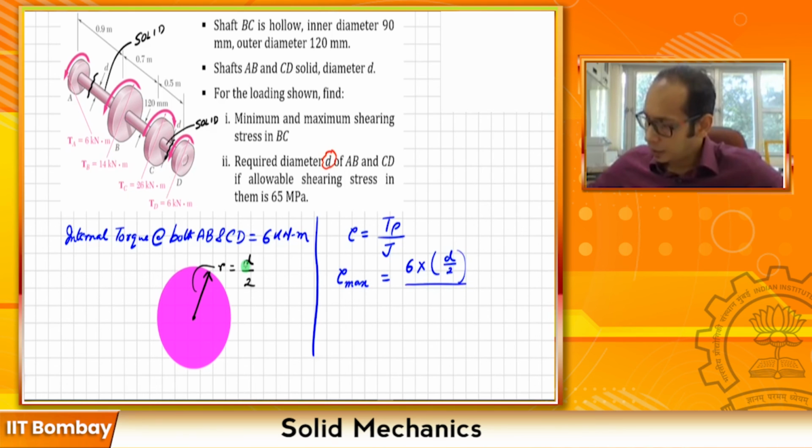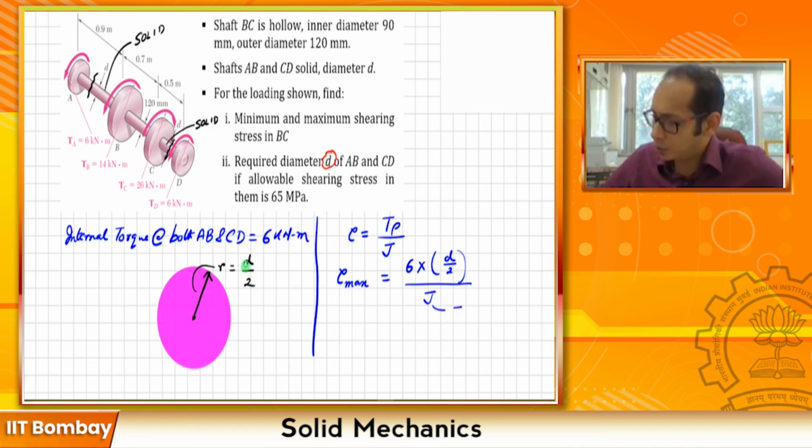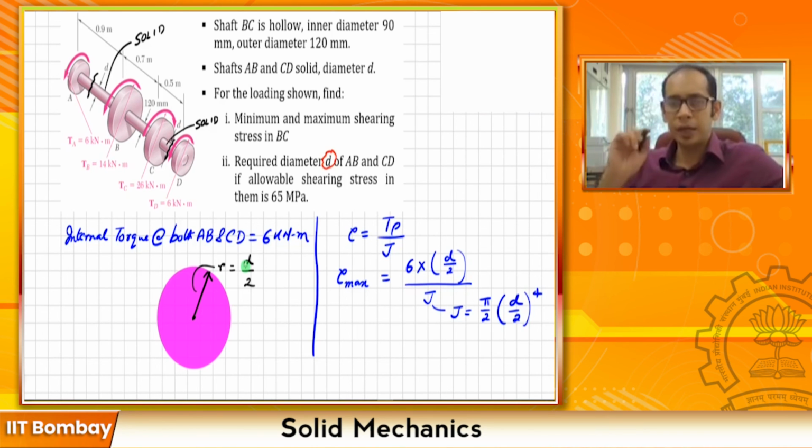divided by J. Now this is a solid section, so unlike the one we did previously, J in this particular case is going to be pi over 2 times D over 2 raised to 4. That is, R raised to 4, where R is D over 2. Now you have to find D, that's your question.